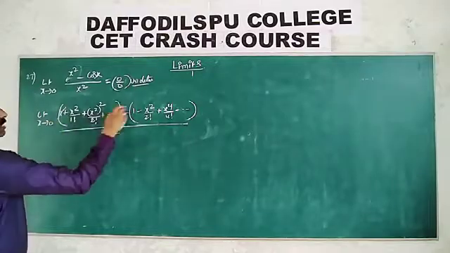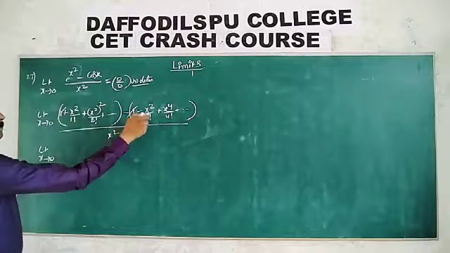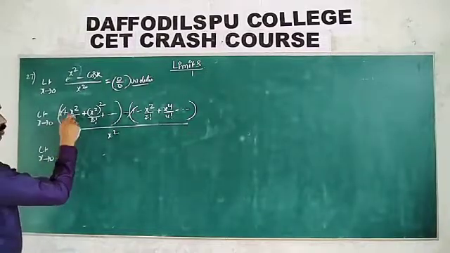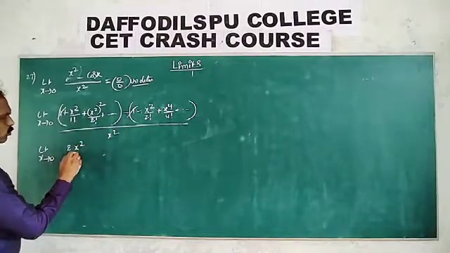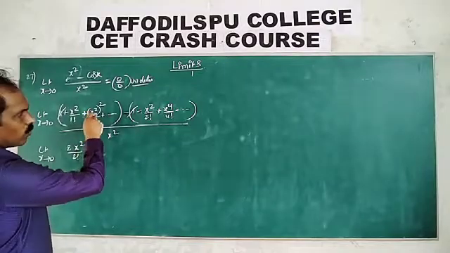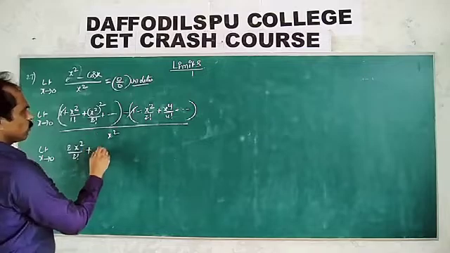Minus 1 plus 1 cancel. Clear? Limit x tends to 0. x square terms common. So here is x square by x square, minus into minus plus. So therefore 2x square by 2 factorial. Next plus x power 4 minus x power 4. Therefore x square by 2.